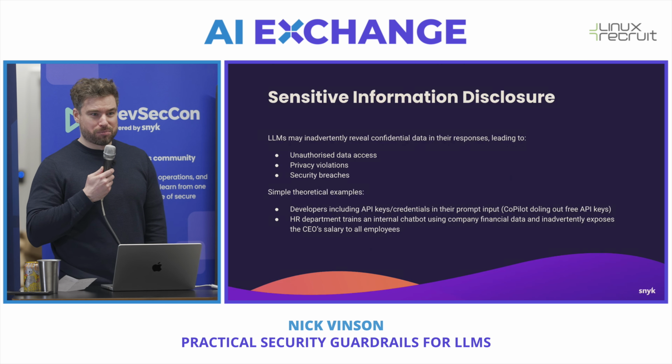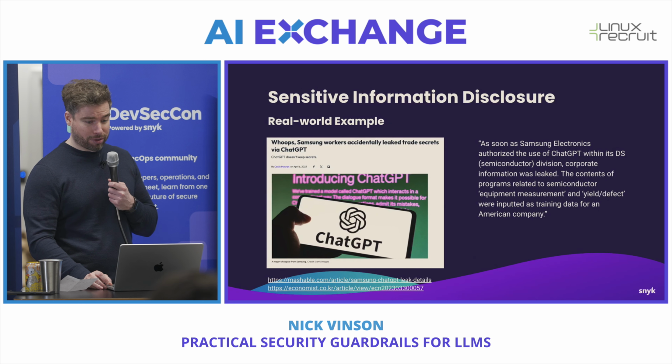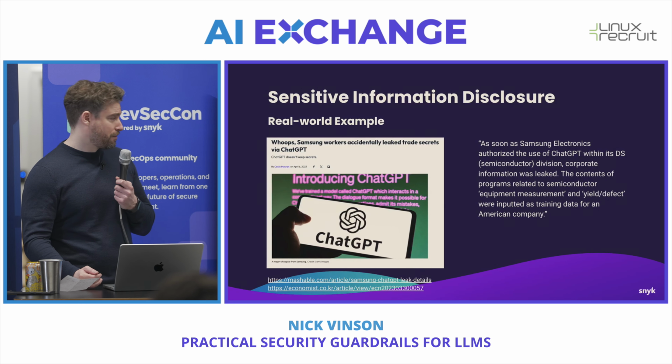A real-world example here was back in early 2023. A news article came out that Samsung employees had accidentally leaked sensitive source code via ChatGPT. In one instance, an employee posted confidential source code to check for errors. A second shared code with ChatGPT requesting code optimization.